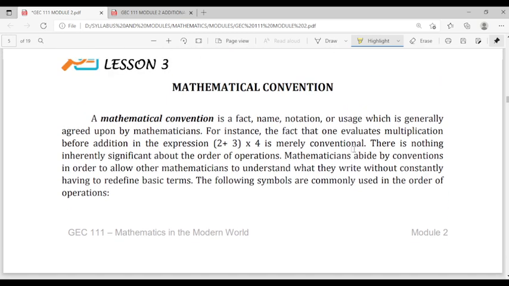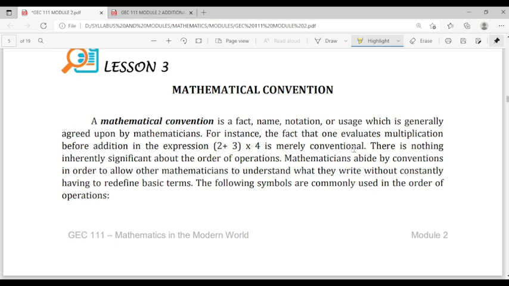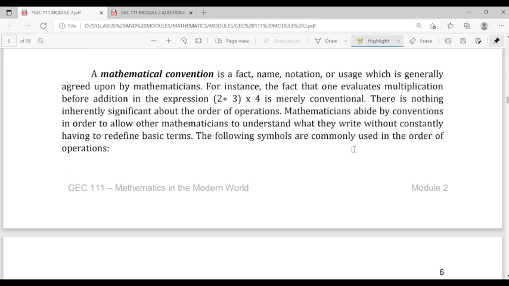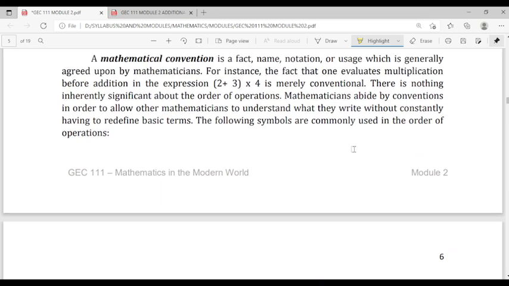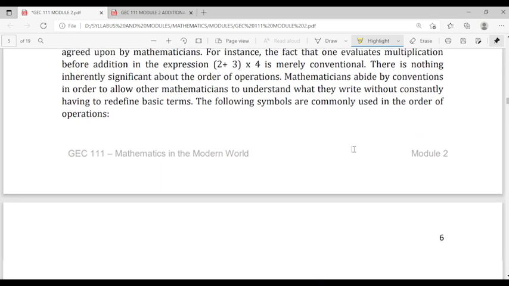Later in our next lesson, in lesson 4, we will explain why it is conventional, because we follow a rule. Before we had PEMDAS, but now we have BOMDAS.